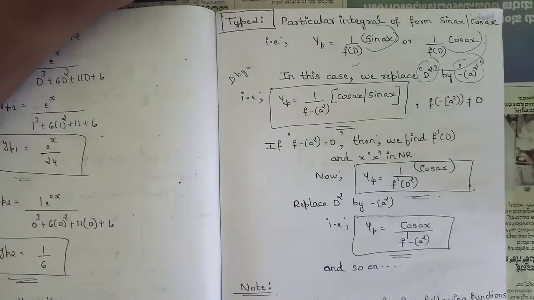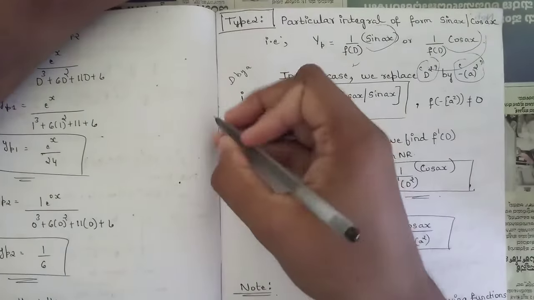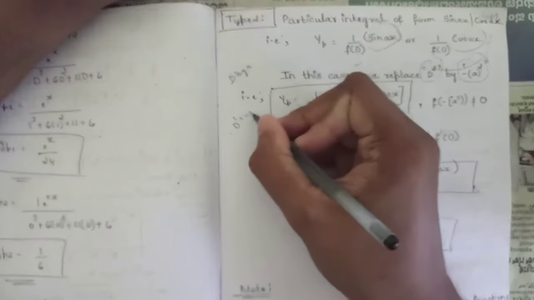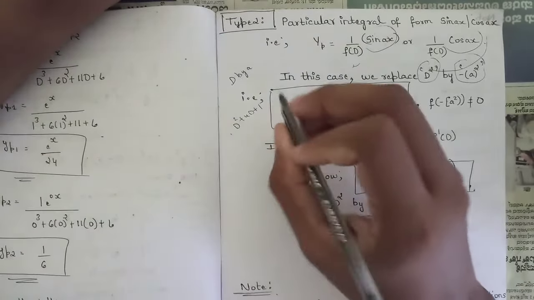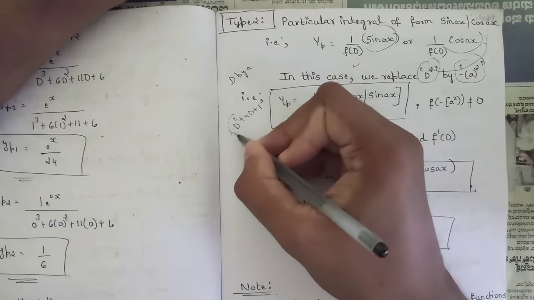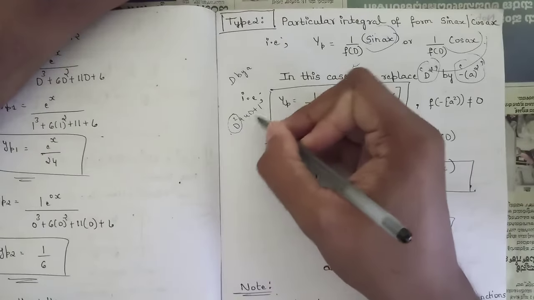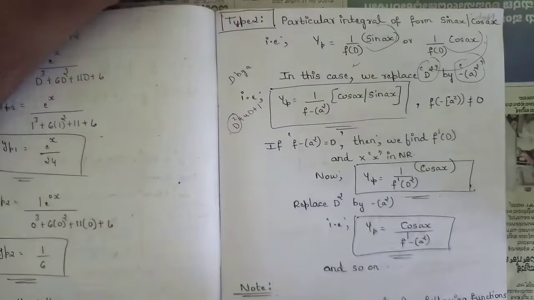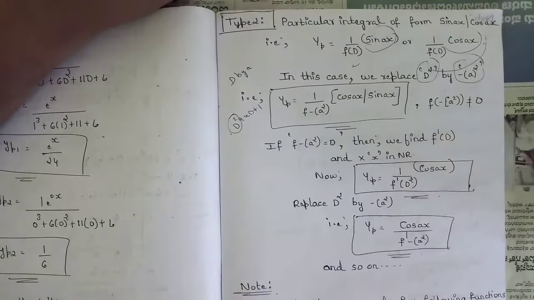Here, for example, let's take f of d equal to d square plus 4d plus 1. We replace only the d square term; the 4d we keep as it is, with d unchanged.